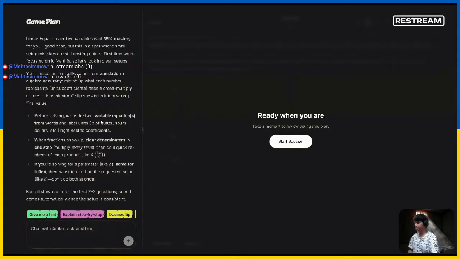Write the variable equation from words and label units. When fractions show up, clear denominators in one step, multiply each term, then do a quick recheck for products. Solve for it first, then subtract to find the requested value.